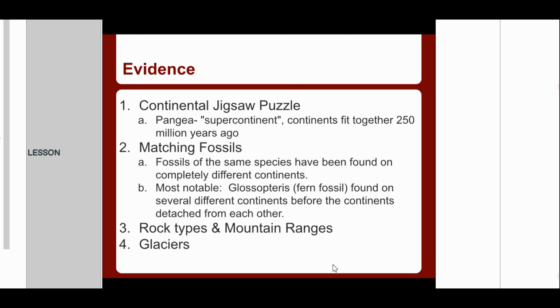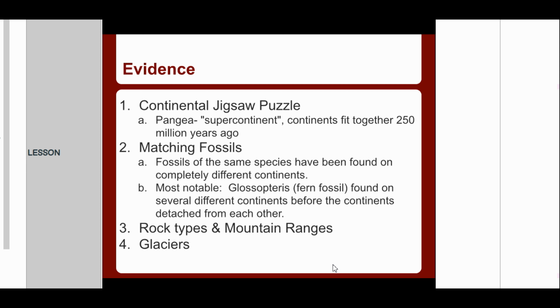So that's good evidence for Pangaea and for continental drift. Rock types and mountain ranges, same thing. You have similar rock types and mountain ranges on two different areas, but you can tell by taking close looks and measurements and that kind of thing where they would have met up at one time.